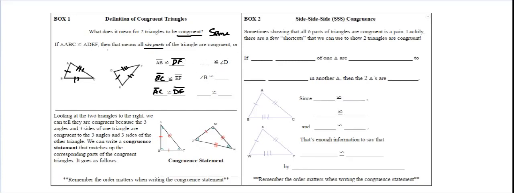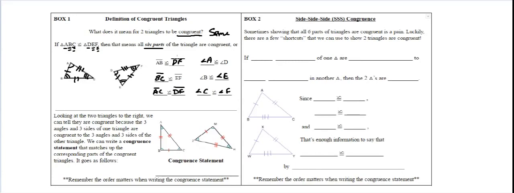So for example, A is the first letter in this one, so the first letter over here is D. So we can just say angle A is congruent to angle D. B is in the second spot, and so is E, so angle B must be the same as angle E. And C is in the third spot, and so is F, so angle C has to be the same as angle F. And we can put that down in our pictures too by saying that A is the same as D, B with 2 little marks is the same as E, and C with 3 is the same as F with 3.